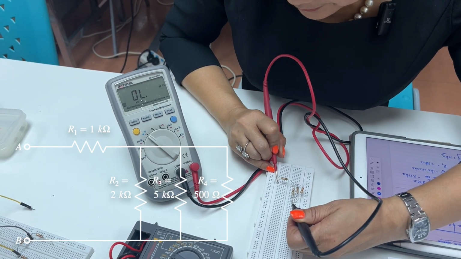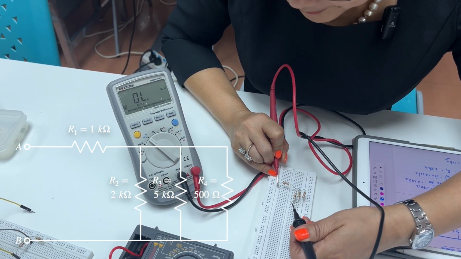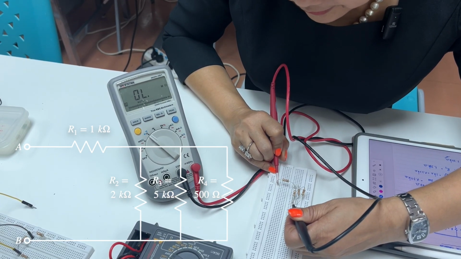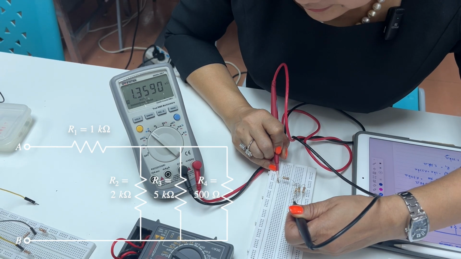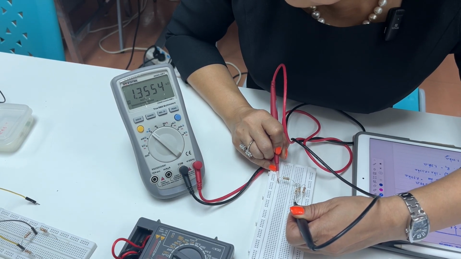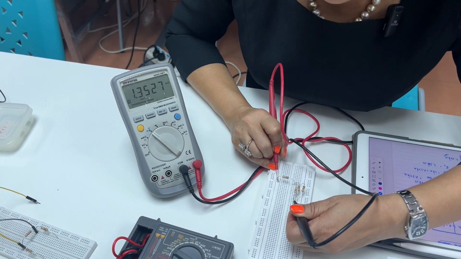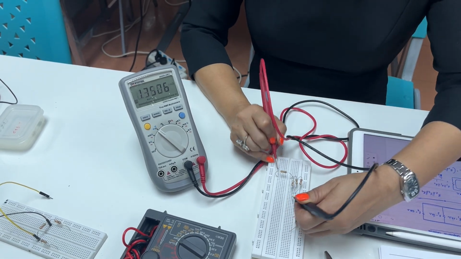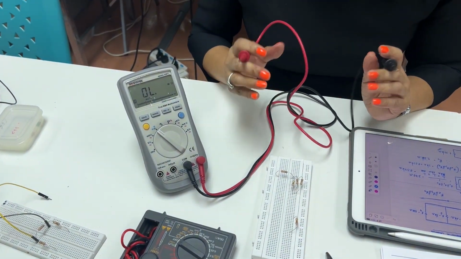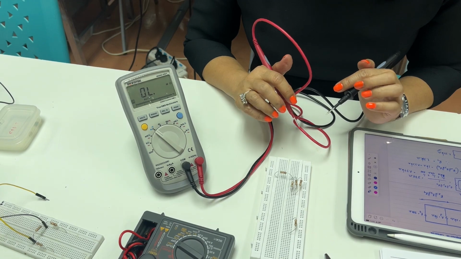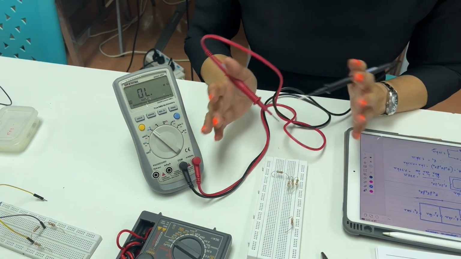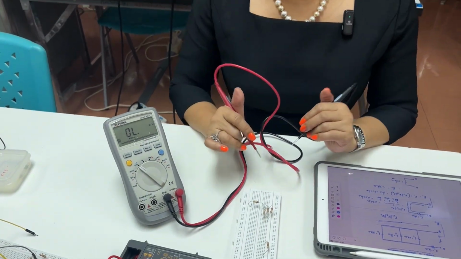Point A is right here where my red probe is, and point B is right here. So it reads 1.35 k ohms. Close enough. It tells you that our theory and experiments coincide.